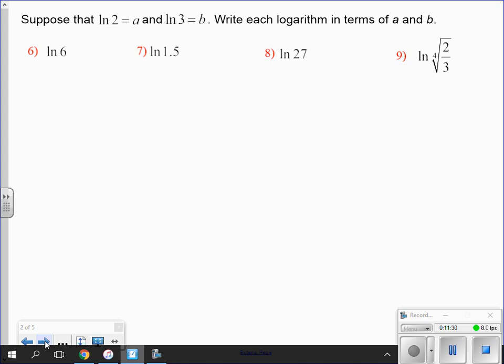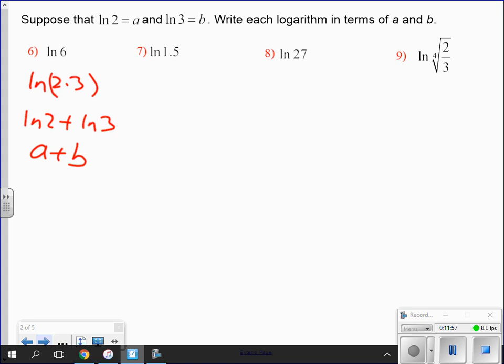So I have to rewrite 6 in terms of 2 and 3. So 6 is what? 2 times 3, right? So this is the natural log of 2 times 3, which is the natural log of 2 plus the natural log of 3, which is A plus B.